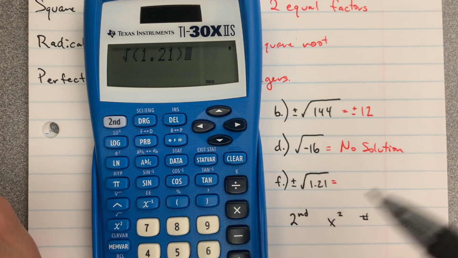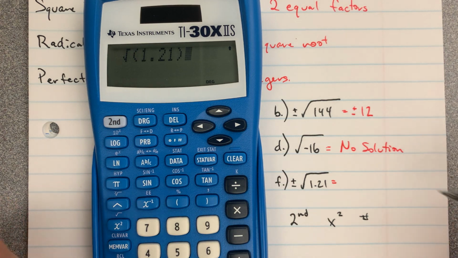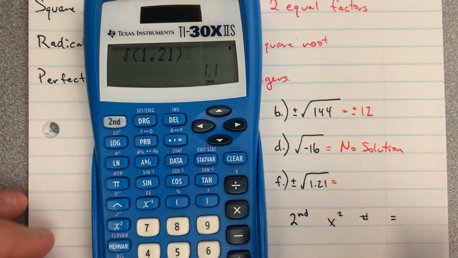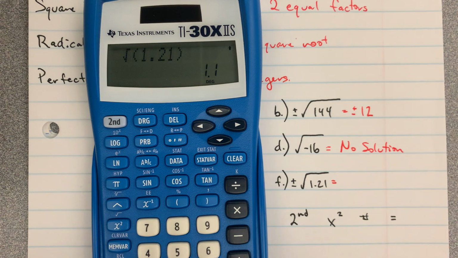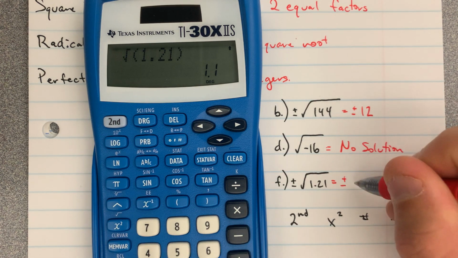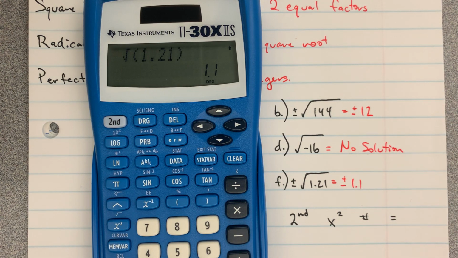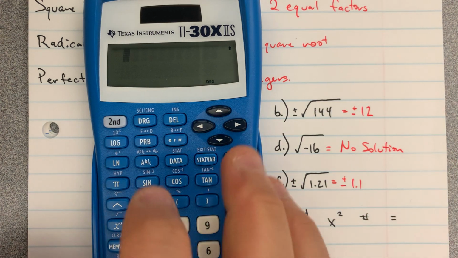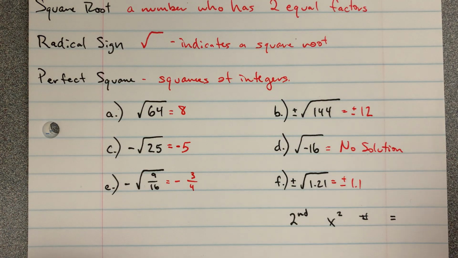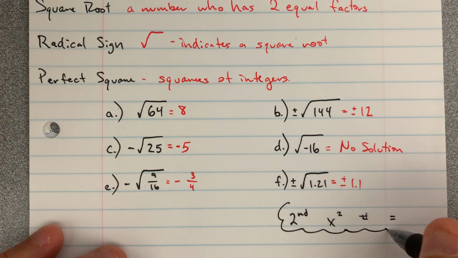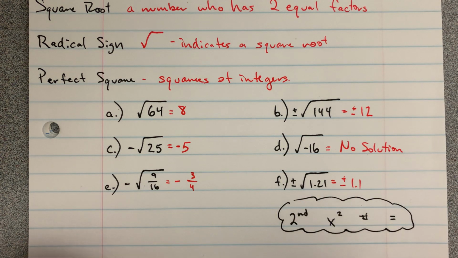I always close the parentheses that it has. It doesn't really matter if you do that though. And then you hit equal. So I hit equal. It gives me the answer, plus or minus 1.1. These are key steps to know. So make sure you practice that.